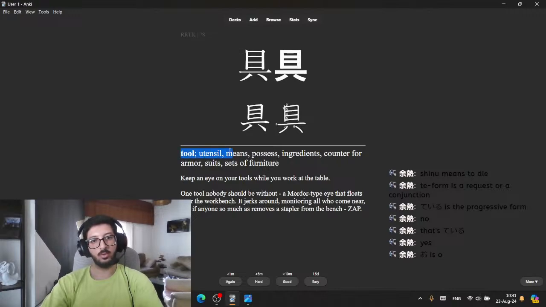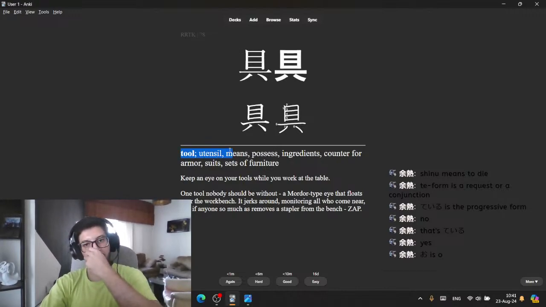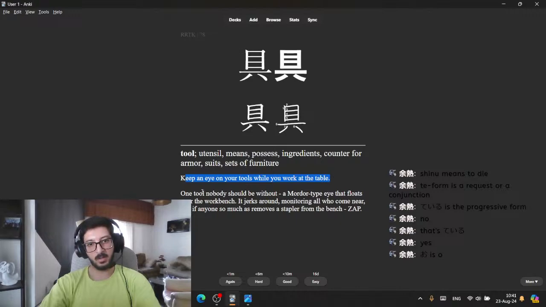Tool, utensil means possess, ingredients, counter for armor, suits, sets of furniture. Keep an eye on your tools while you work at the table. One tool nobody should be without is a mortar-type eye that floats over the workbench.